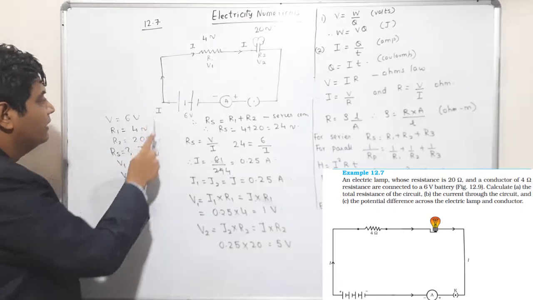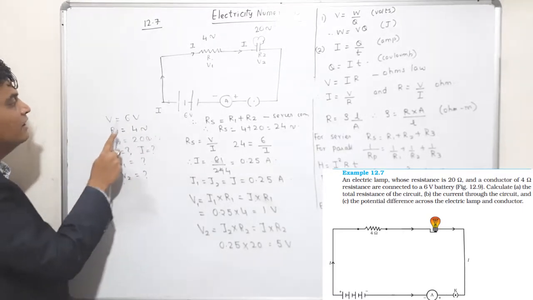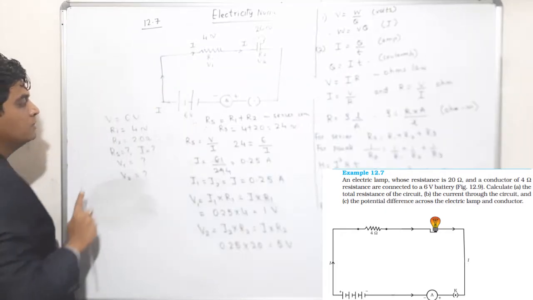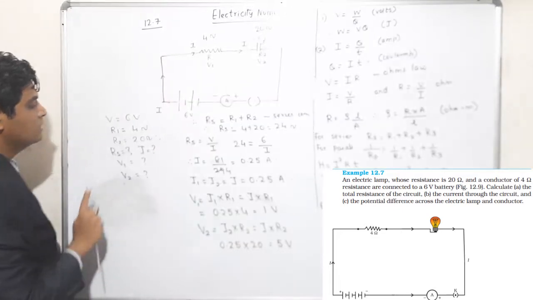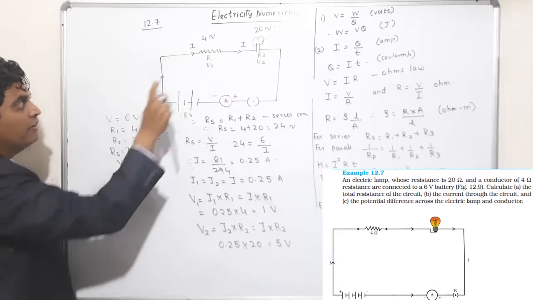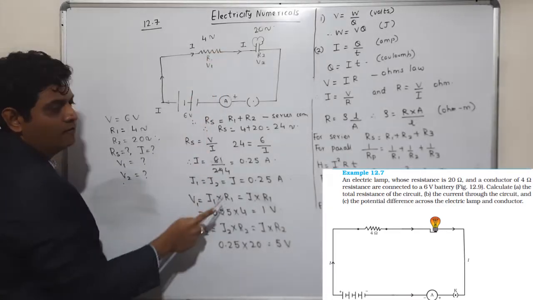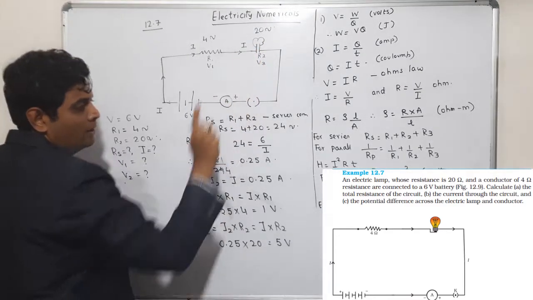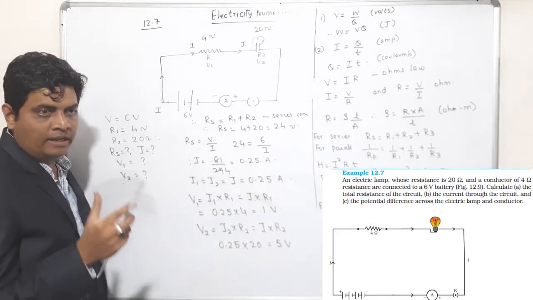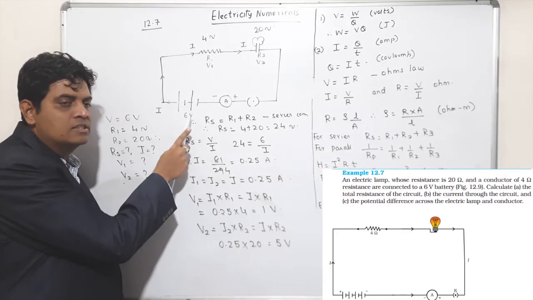So now first we will table down what all things are given. V is equal to 6 volt, the battery voltage, R1 is equal to 4 ohms, R2 is equal to 20 ohms, RS is equal to how much, I is equal to how much, V1 is the potential drop across R1 and V2 is the potential drop across R2. Let us understand this potential drop also. Conceptually, what is the meaning of this 6 volt battery?